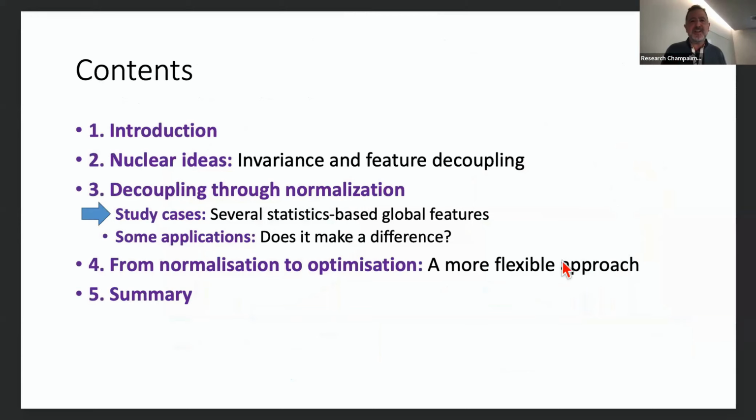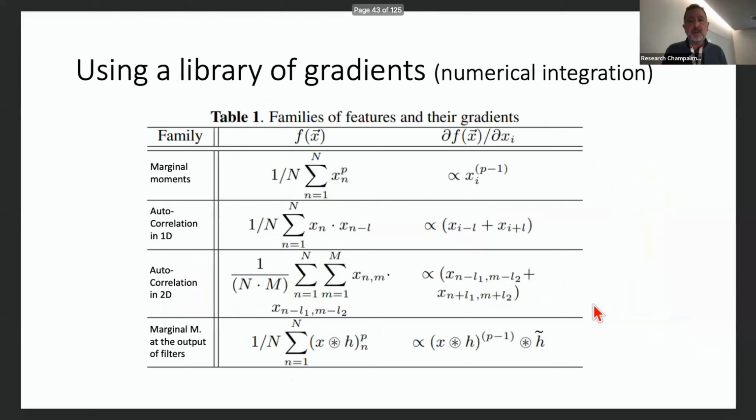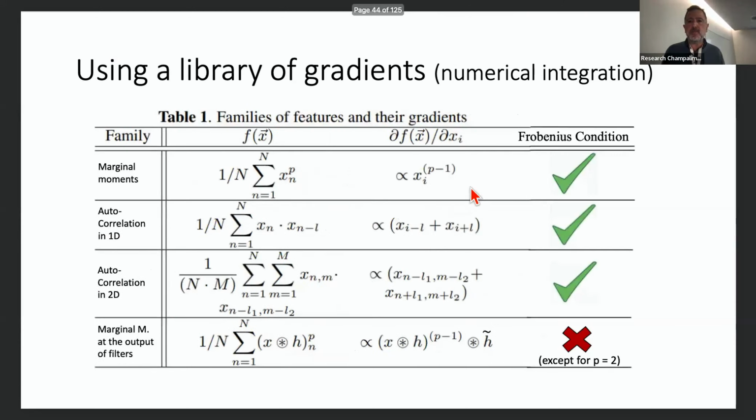So, study cases. Very easy cases are like marginal moments. They accomplish the Frobenius condition, so they define a manifold. Also the autocorrelation, 1D or 2D. The interesting thing is to measure the moments at the output of a set of filters for images.